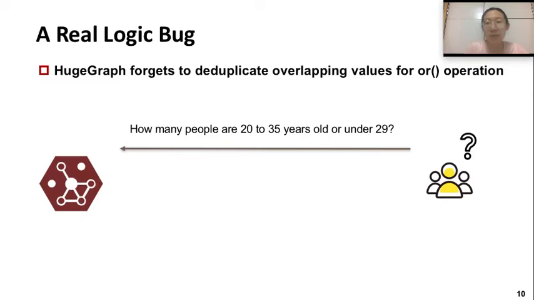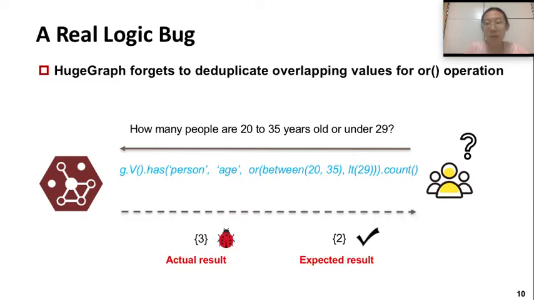In this example, we want to know how many people are between 20 to 35 years old or under 29 years old. We execute this Gremlin query in HugeGraph. The expected result is 2, but HugeGraph returns an incorrect result 3 because HugeGraph forgets to deduplicate overlapping values for or operations.